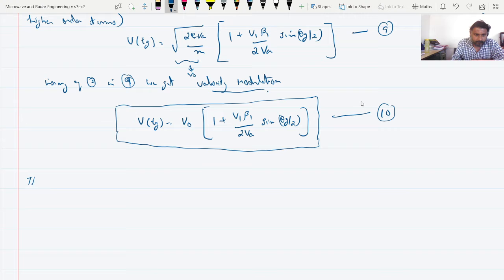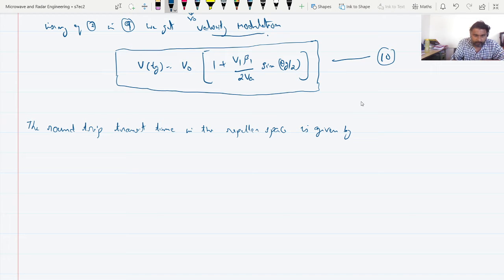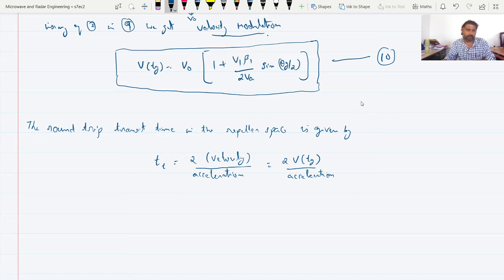The round trip transit time in the ripple space is given by T suffix T, which is nothing but 2 into velocity divided by acceleration, which is nothing but 2 into V of Tg divided by acceleration.